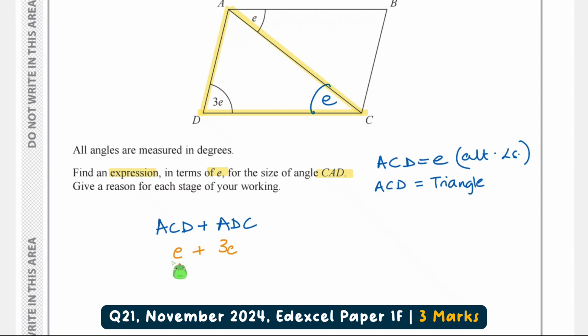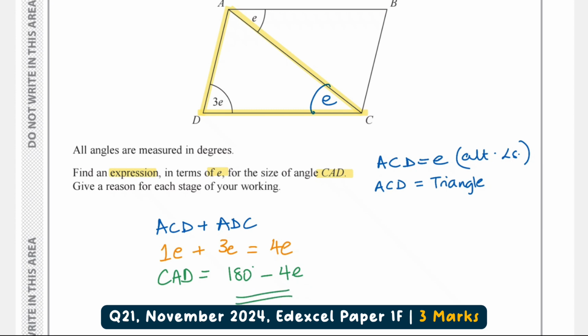So 1E plus 3E is 4E. To find our missing angle, which is CAD, this angle here, I'm going to take 4E away from 180. So I'm going to make a note here and say angle CAD equals 180 degrees take away 4E. And this is our final answer.